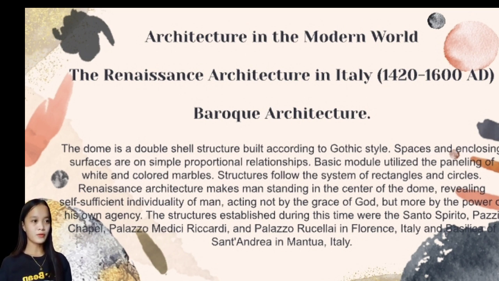Architecture in the modern world is divided into Renaissance architecture and Baroque architecture. In Renaissance architecture in Italy, the dome is a double shell structure built according to Gothic style; spaces and enclosing surfaces are based on simple proportional relationships. The basic module utilized paneling of white and colored marbles. Structures follow the system of rectangles and circles.